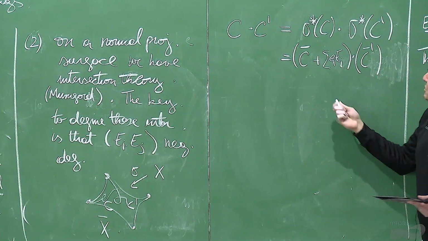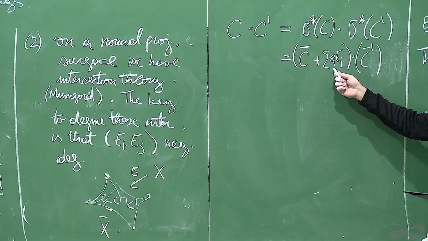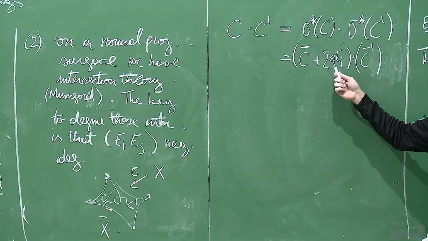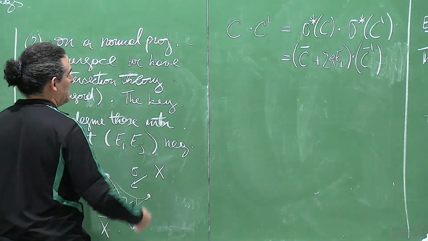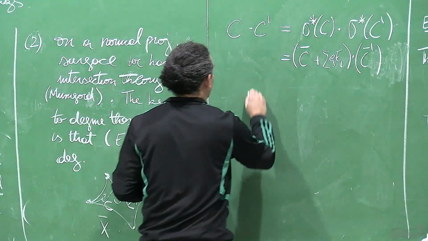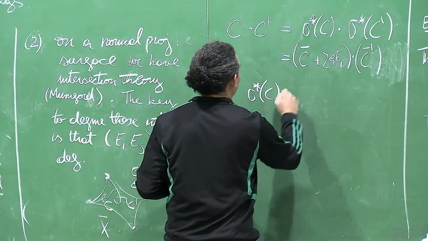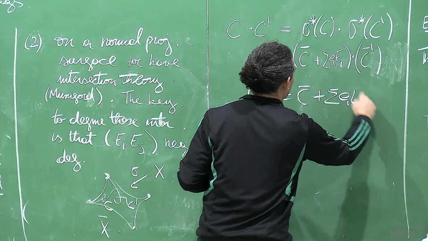But now the question is how to find these EIs. So the EIs are uniquely defined via intersections, because this is negative definite. This is a very messy explanation, but it's the way it works.